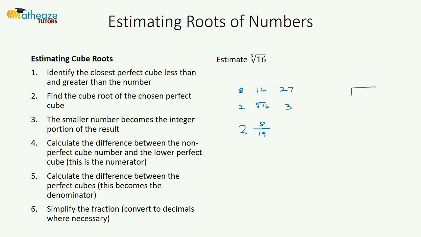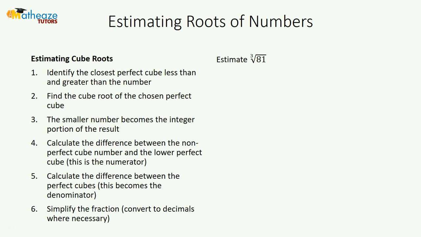So let's convert 8 over 19 to a decimal, 0.421. So this is going to be 2.421 as the approximate cube root of 16.